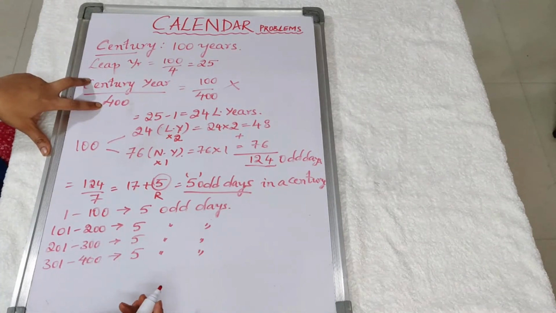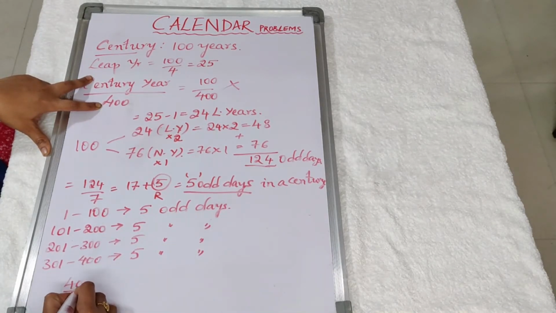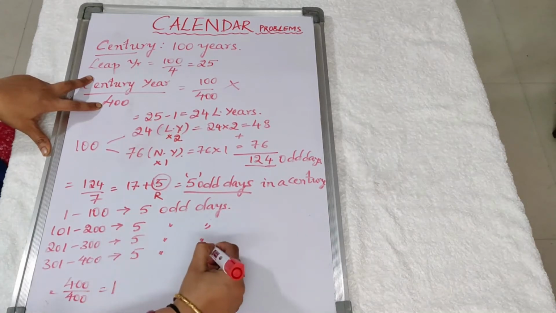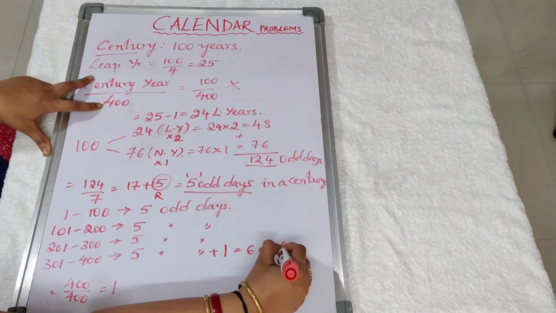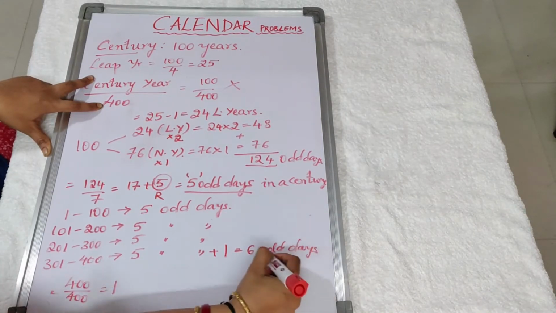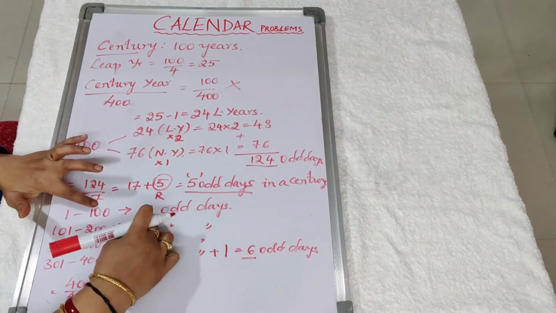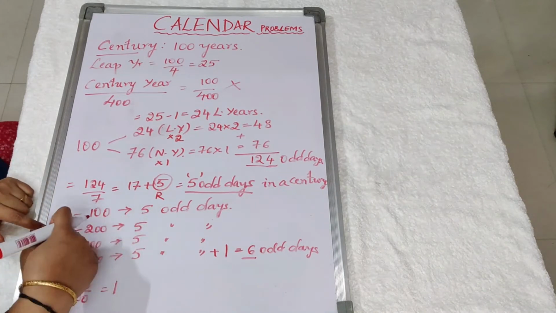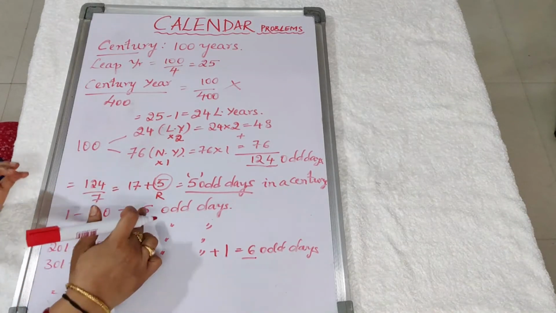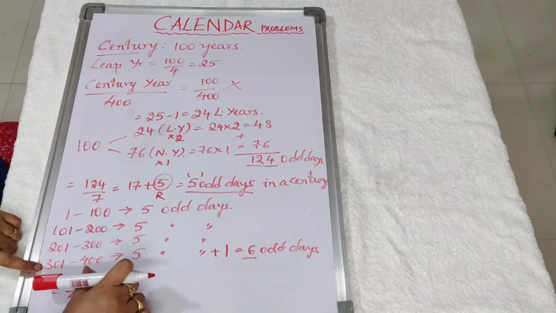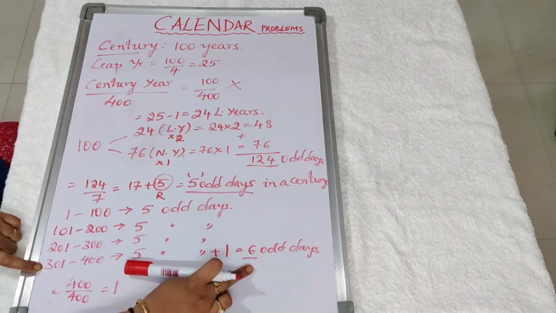But 400 is divisible by 400, is it not? So 400 by 400 is obviously 1. So this gets 1 odd day extra, in total 6 odd days. So 400 years has 6 odd days. 1 to 100 has 5, and every other century has 5 odd days, but only this century, 301 to 400, has 6 odd days.